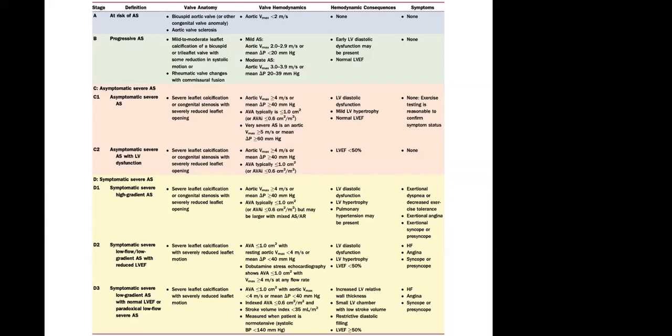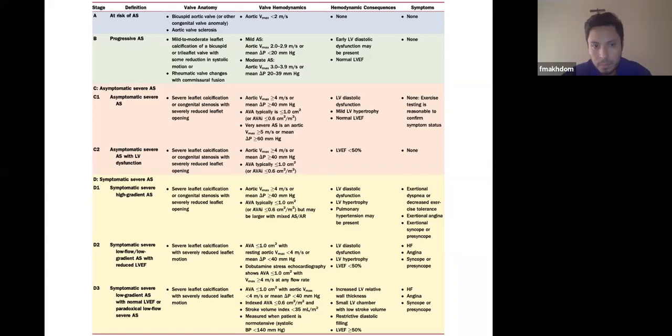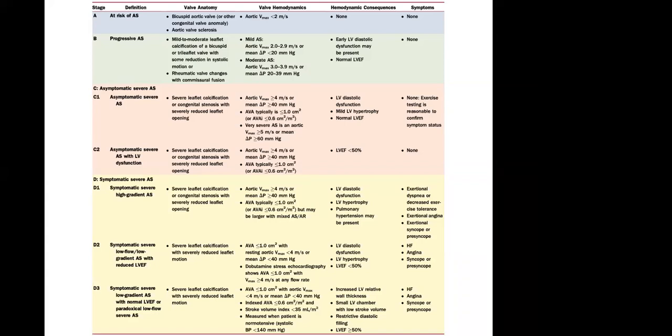So we have to differentiate whether the gradient is low because of the low ejection fraction, or because there is no real gradient to reach severe. In this patient, we can do a stress echo with dobutamine.